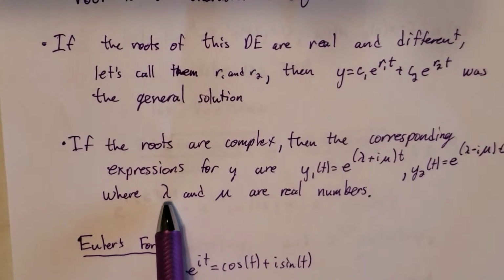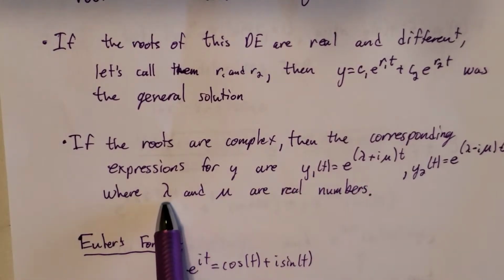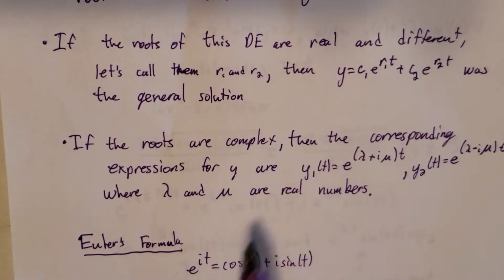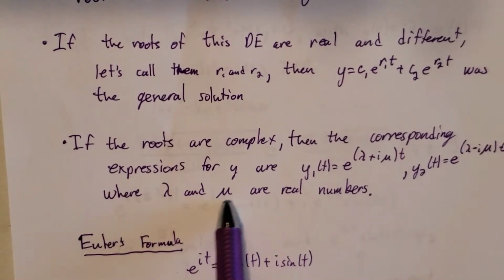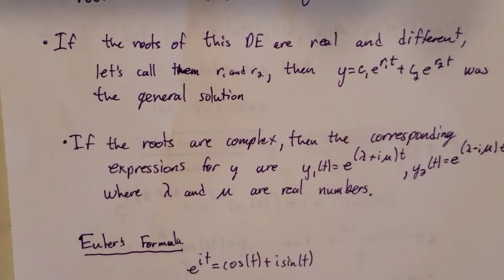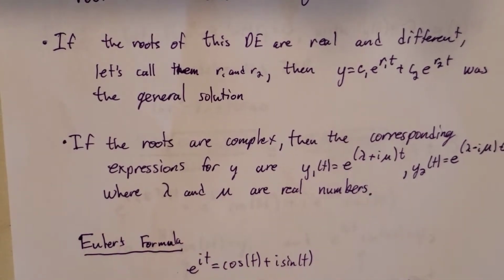I would like to point out that lambda and mu are real numbers. Don't confuse that with previous sections where we used mu as our function for an integrating factor. That is a real number here.